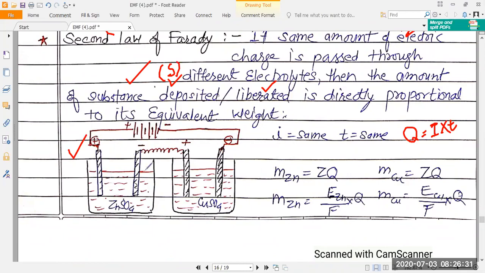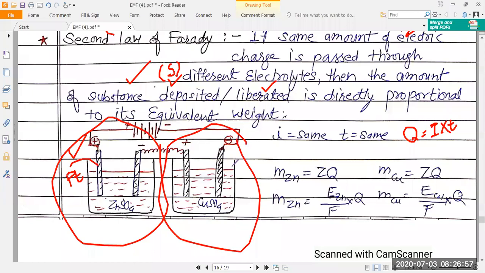The first electrolytic cell contains a zinc rod, or maybe any other rod. Suppose the rod is platinum, an inert electrode, and the solution is zinc sulfate solution. This is another container, and again the electrode may be platinum or copper, active or inert.